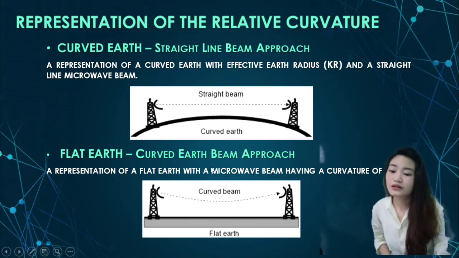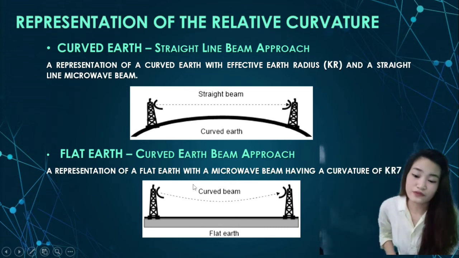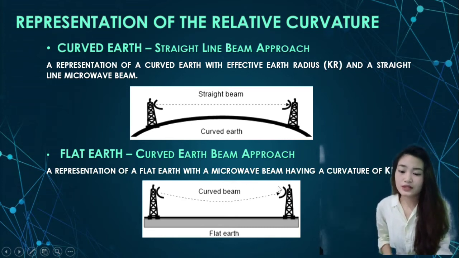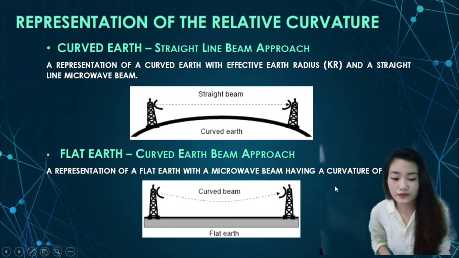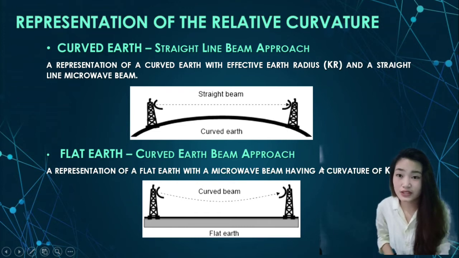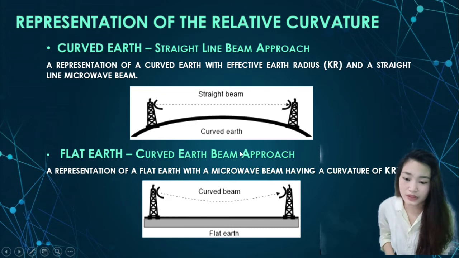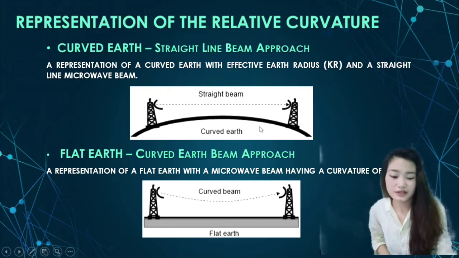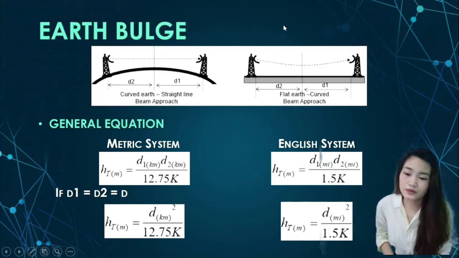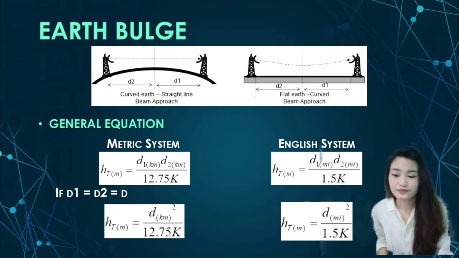Flat Earth, or curved beam approach: a representation of a flat Earth with a microwave beam having curvature of 1/KR. As you can see, this is the curved beam and the flat Earth compared to the straight beam and the curved Earth. Then we'll talk about the Earth bulge.